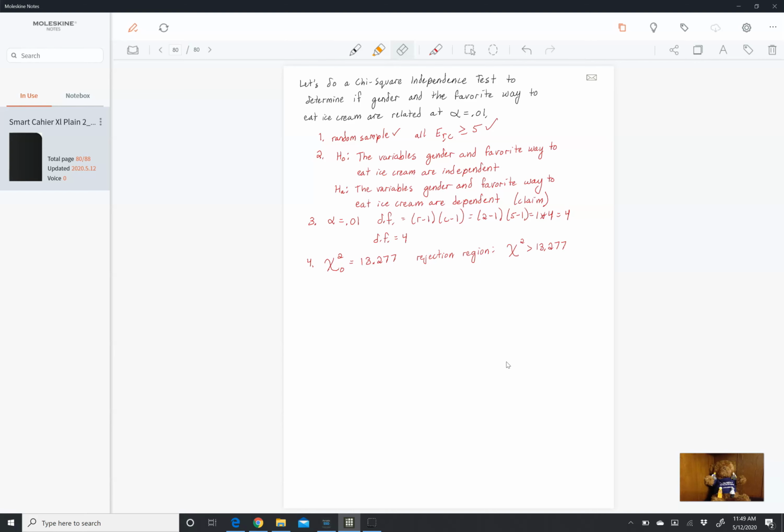Okay, then we have to calculate our test statistics. So we love this part. So this is the part of the hypothesis test that is extraordinarily tedious. And in this one, it's even more tedious because you might have to calculate your expected frequencies, okay? But this is just a chart. So we have 2 variables here.